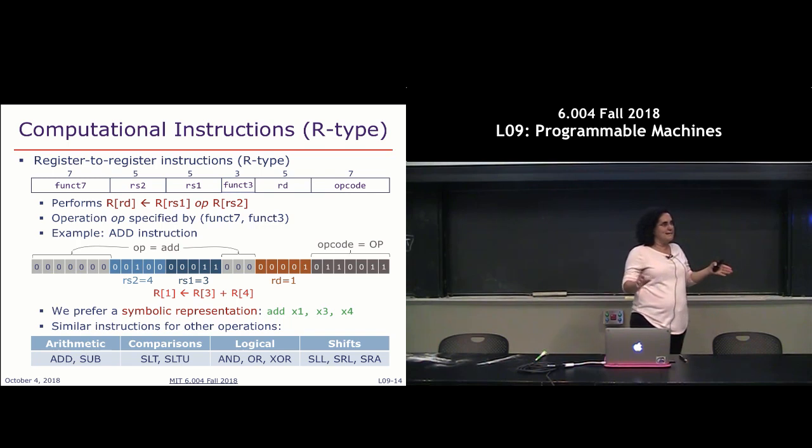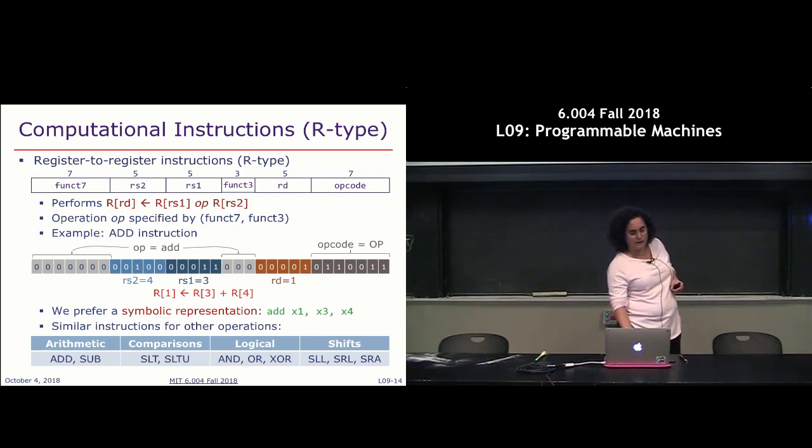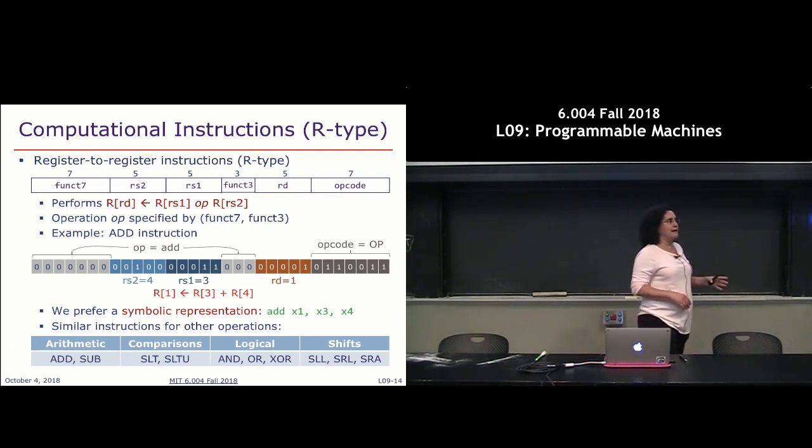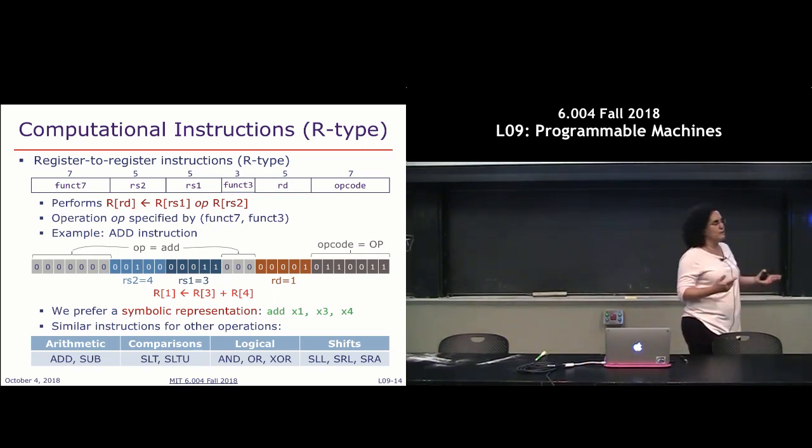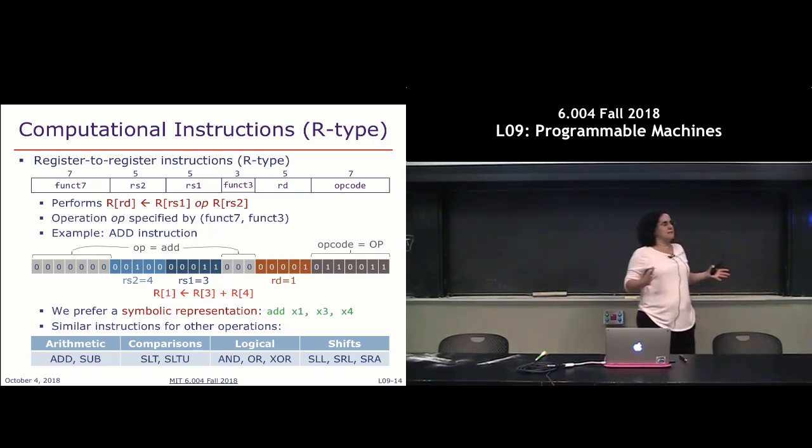So based on that, it knows that the next 5 bits are going to be the encoding of my destination register. The next 3 bits after that are these function 3 bits. Then come my RS1, RS2, and function 7. Whereas if this opcode was something else, then the rest of these bits could be used in a different way. And so the control unit knows exactly how those bits are encoded for every different type of instruction.